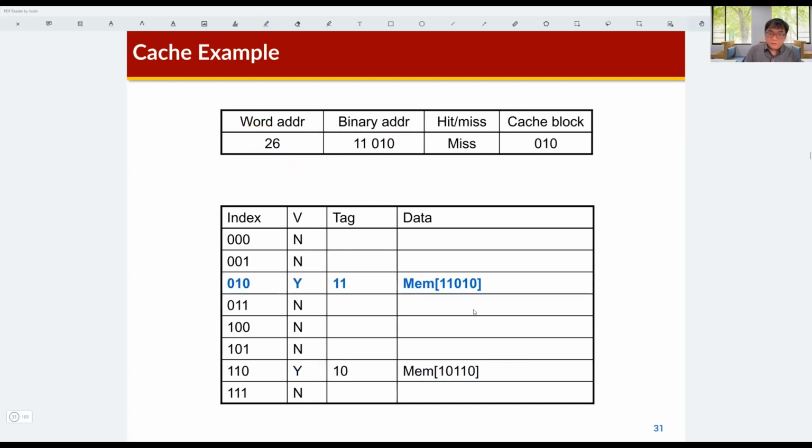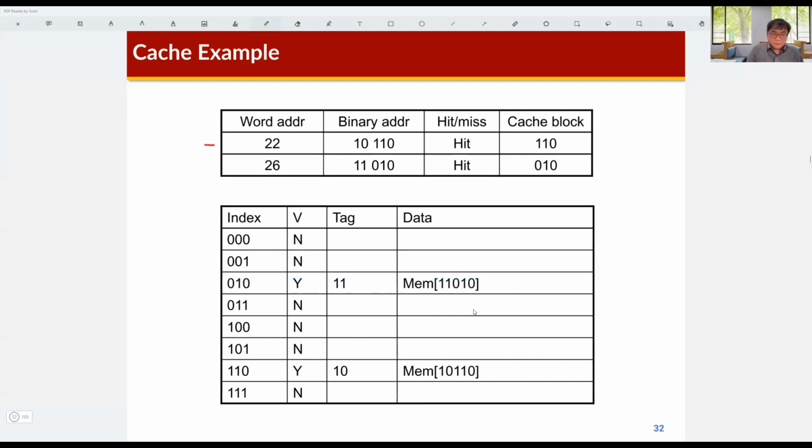Then the processor requests another word, like word address 26, and with the same process, this is a miss because this data is not found in the cache, and the new data is allocated to the target cache block like this. It's the same process.